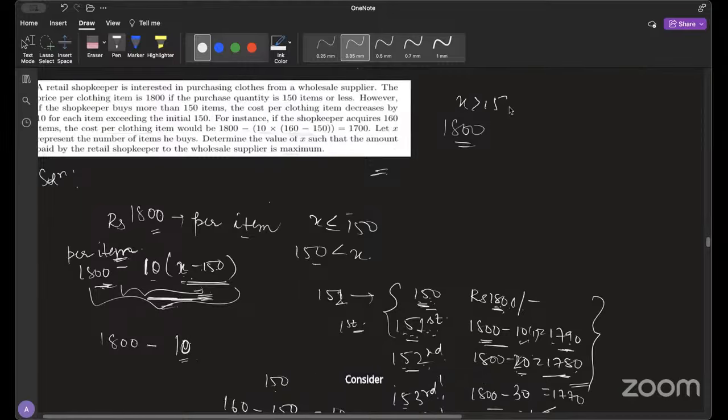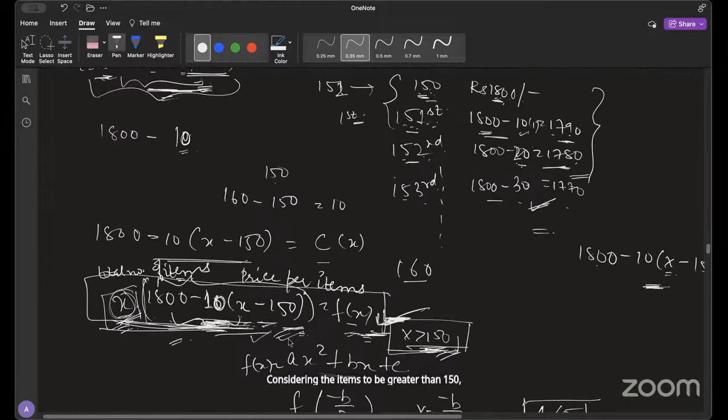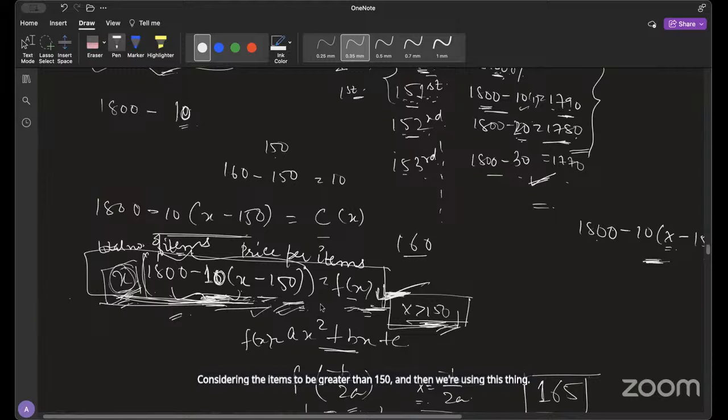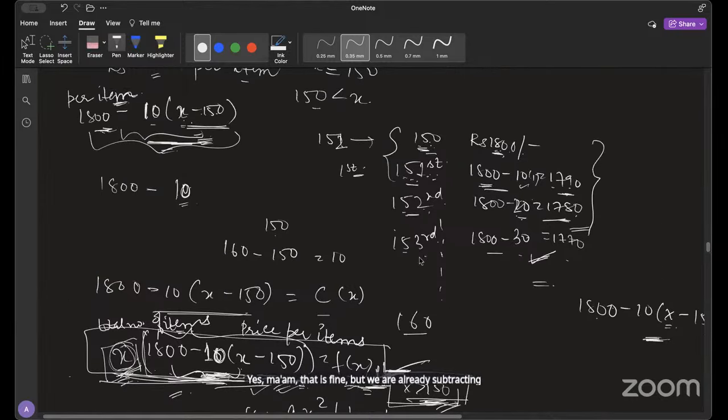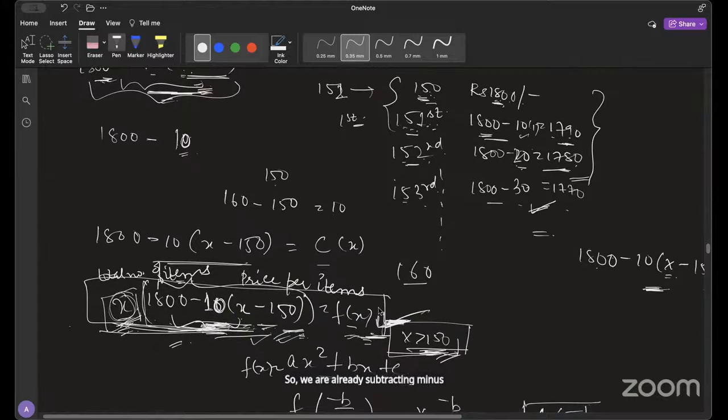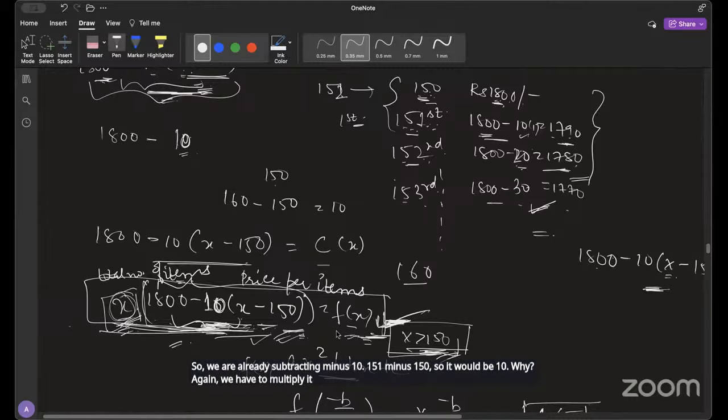Yes, ma'am, that is fine, but we are already subtracting. Suppose it is 151, we are already subtracting 10: 151 minus 150. Why again do we have to multiply it by x? It's the price, and those are its items.